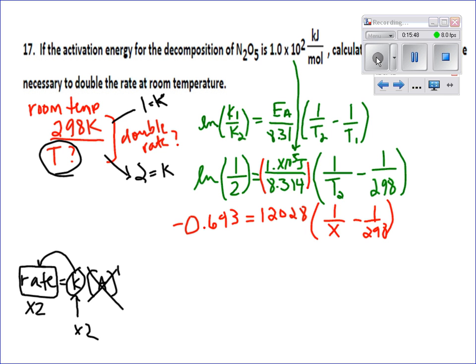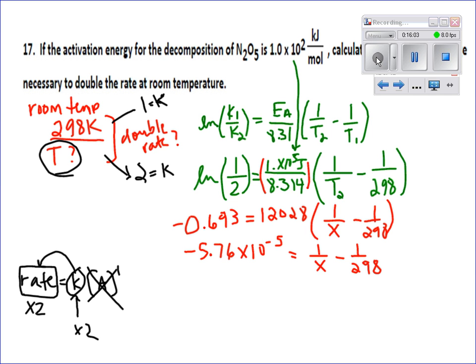Okay, when I divide negative 0.693 by 12028, I get negative 5.76 times 10 to the negative 5th is equal to 1 over x minus 1 over 298.